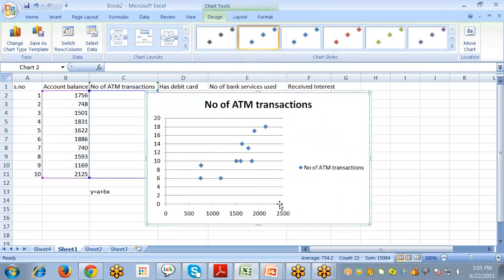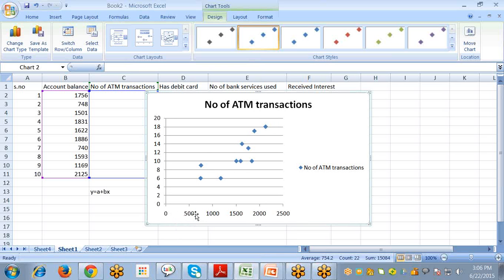So this represents the relationship of account balance and number of ATM transactions.